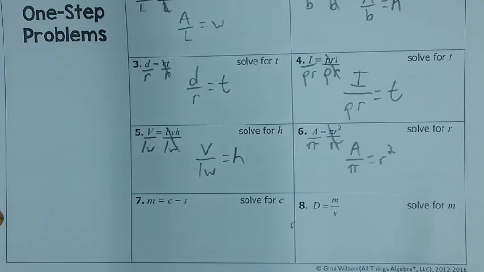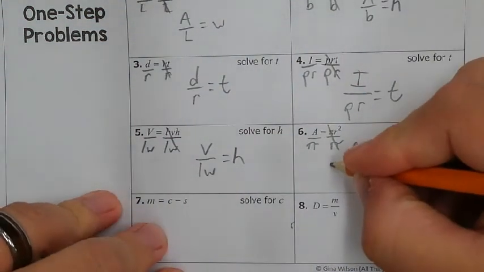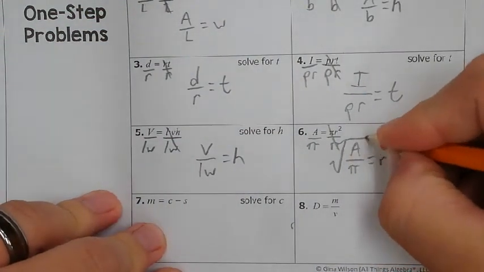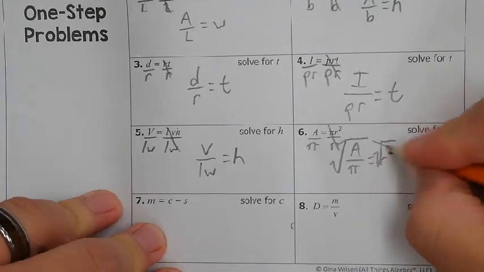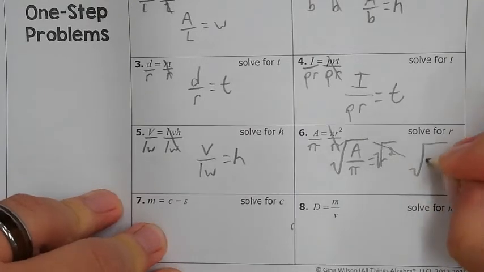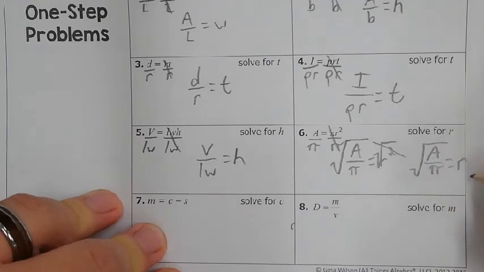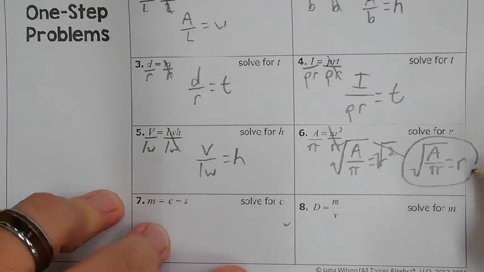Square root. You've got to find the square root of both sides. So now we're going to take the square root of both sides, and that would cause that to cancel out. And now we're left with the square root of A over pi equals R.